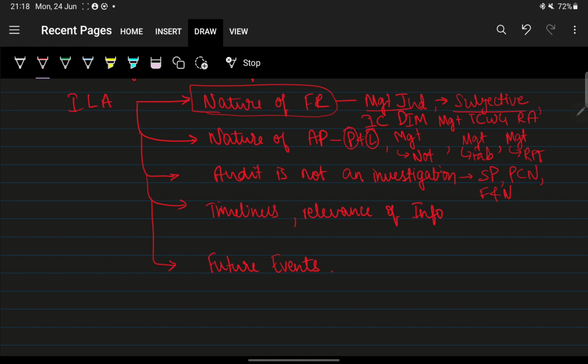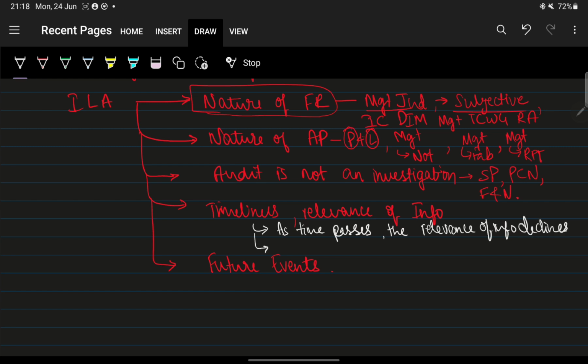Okay. Next, timeliness and relevance of information. Basically here there are only two points. What are the two points? Firstly, as time passes, the relevance of information declines.